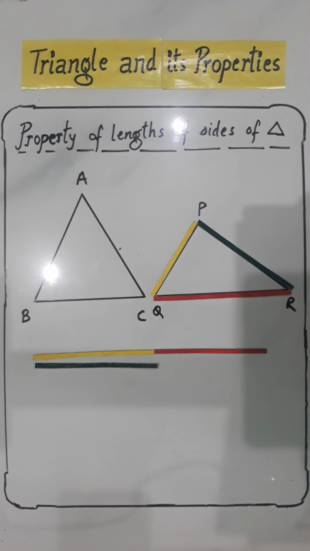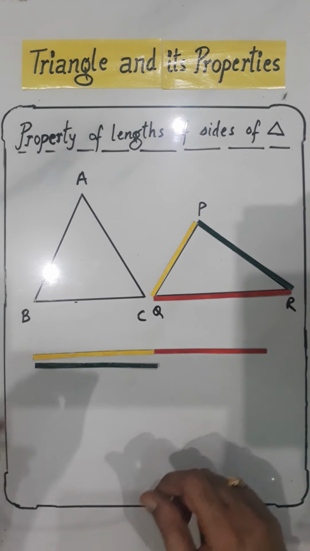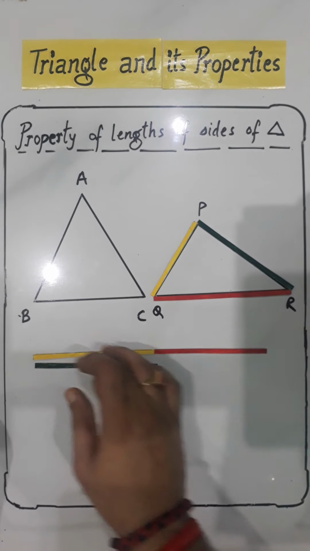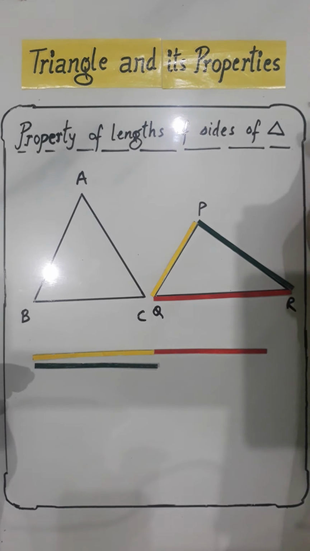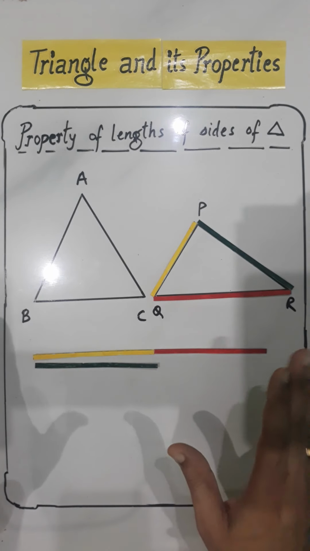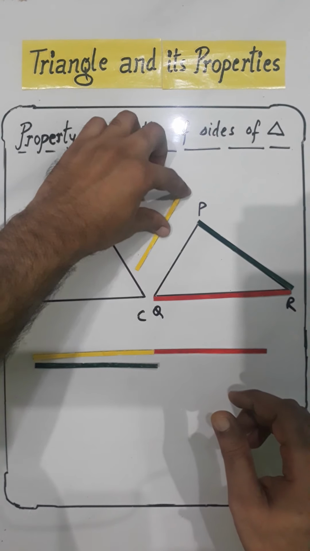Now after this, let us see if it is the same with the other triangle also or not, because it might happen that in one case it is satisfying, and in the other one it may not. That is why I have taken one more triangle so that it becomes clear to you.